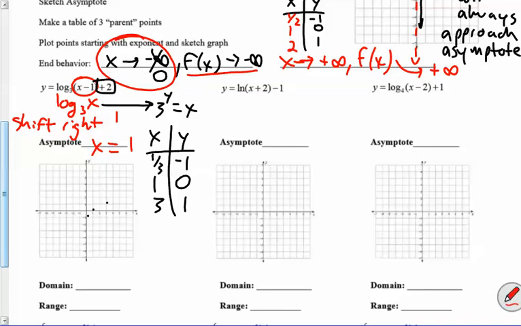So every point moves to the right one and up 2. So right 1 up 2 is about here. Right 1 up 2 for this one is there. For the third point, right 1 up 2 is here. Okay? Your asymptote is x equals 1.